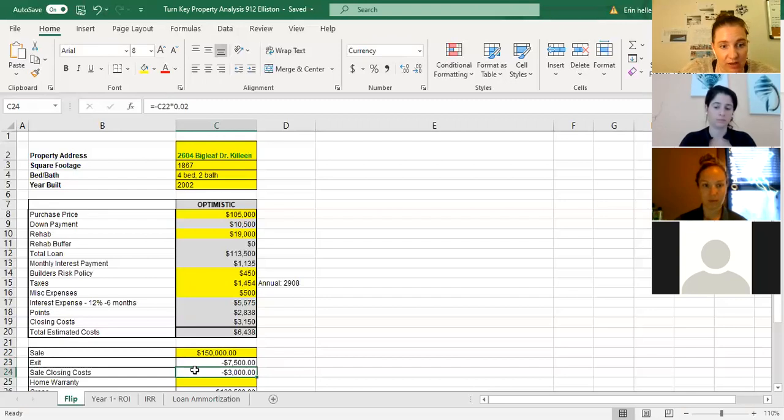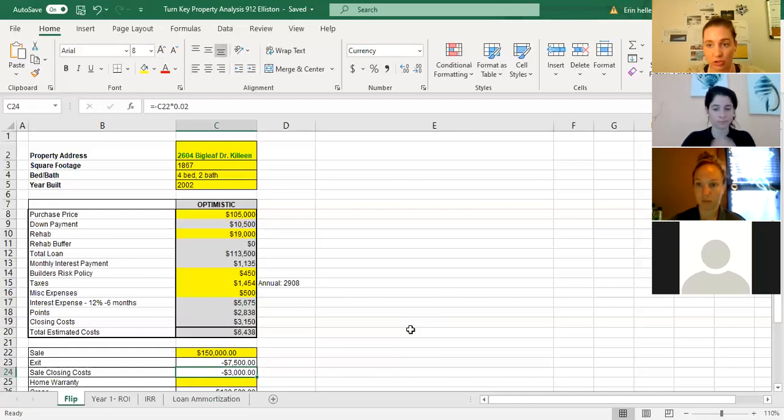So sale closing costs on this, I just put 2% in here. Typically the closing costs are going to be, again, around 3%. It's not really going to change, but in some markets, it's customary for the seller to pay a lot of these closing costs. Like my main market in Clarksville, Tennessee, it's customary that the seller pays most of the closing costs, and you can anticipate that that's going to be around 3%.